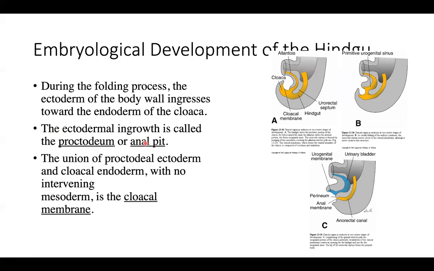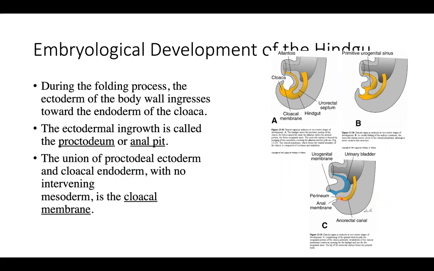And in some children, it doesn't open. So some children are born without an anus. Okay, so you see here, I wrote the union of proctodeal ectoderm and cloacal membrane with no intervening mesoderm is called the cloaca. So from inside we also have cloacal endoderm.